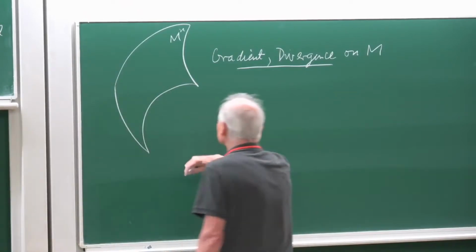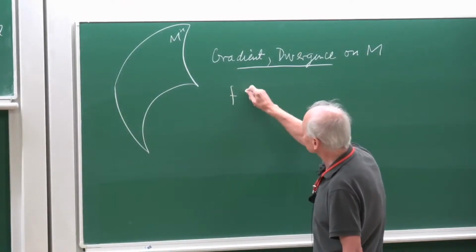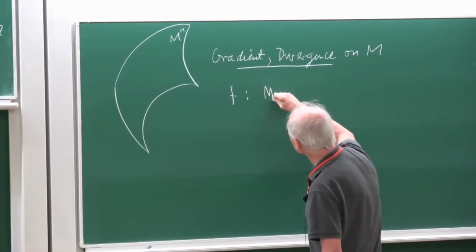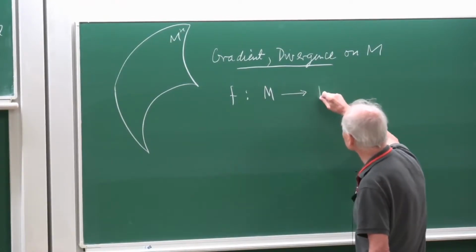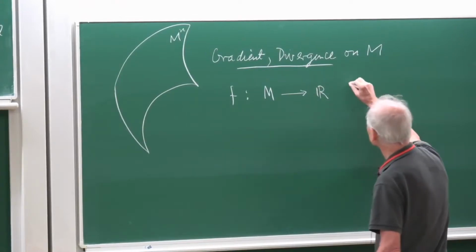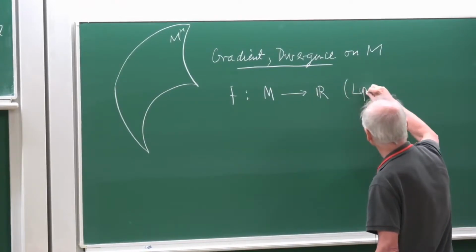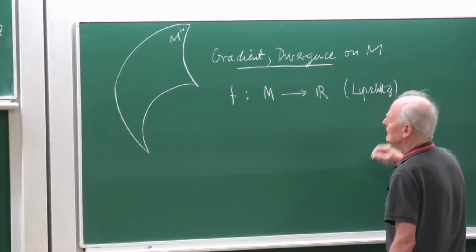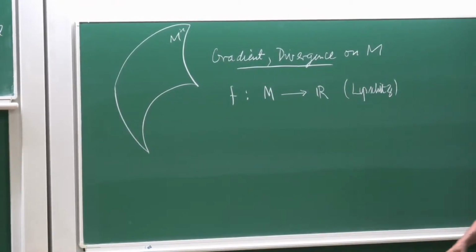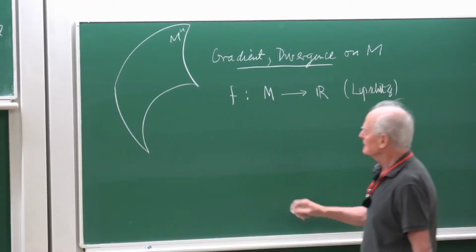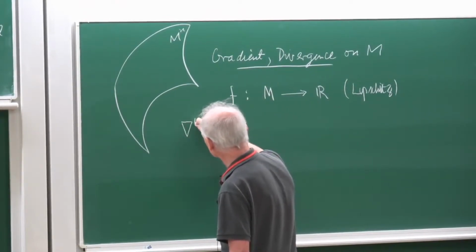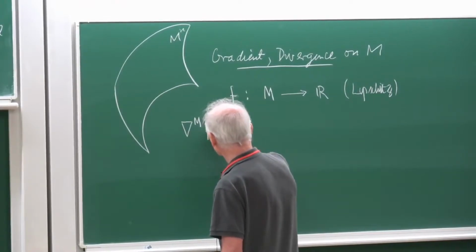So suppose that we've got a Lipschitz map. Let's take a Lipschitz map f from M into R to begin with. And I want to define the gradient on M of f at x.